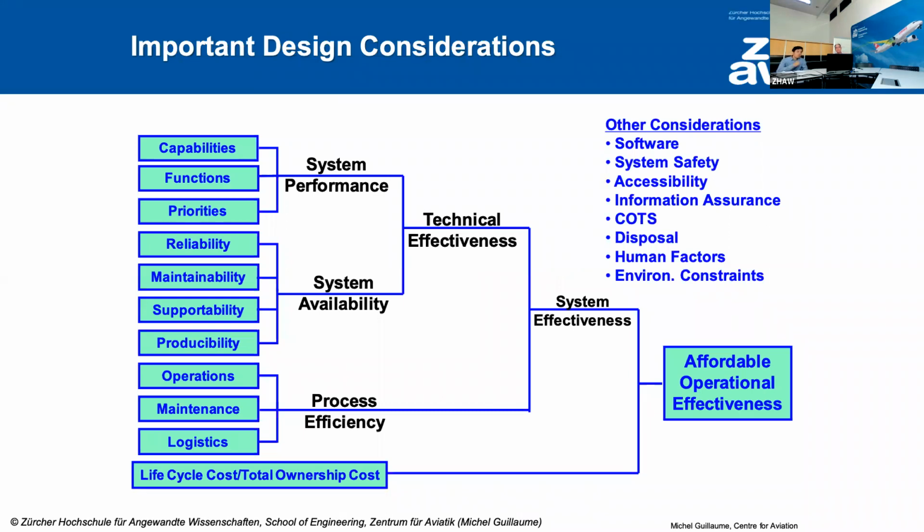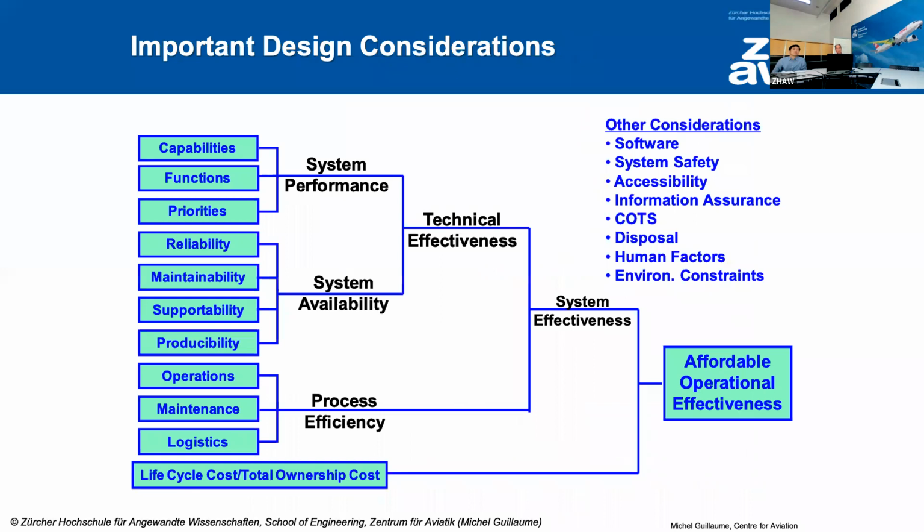When I talk about system considerations, important are the system performance and the system availability. If you're an airline, you want to operate the system. You want to be in the air. You want to transport passengers or cargo. So you want to really have high availability of all the systems and of spare parts, and that's very important. So we talk about technical effectiveness. Your system needs to be technically effective.